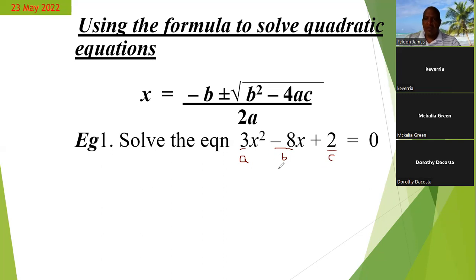What you're going to do, these values, 3 as A, -8 as B, and 2 as C, you put them wherever those letters are in the formula. All right, just plug those in now and try to do the calculation, and then raise your hand when you're finished, guys. I'll give you about 3 minutes to try.